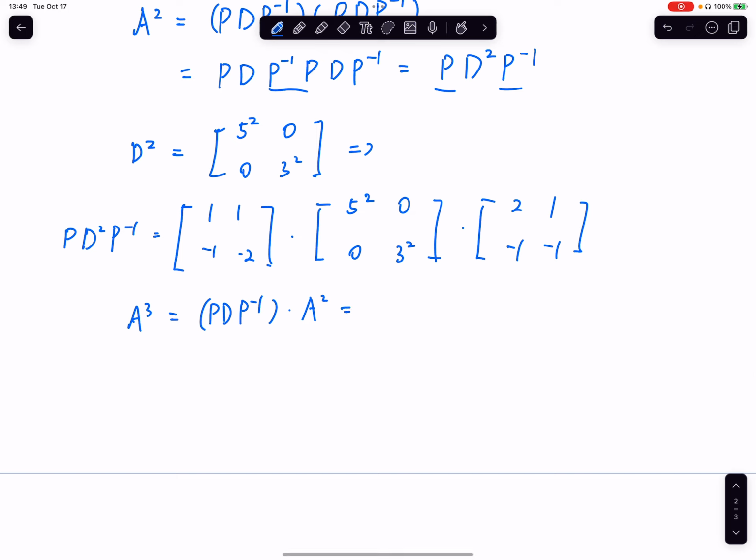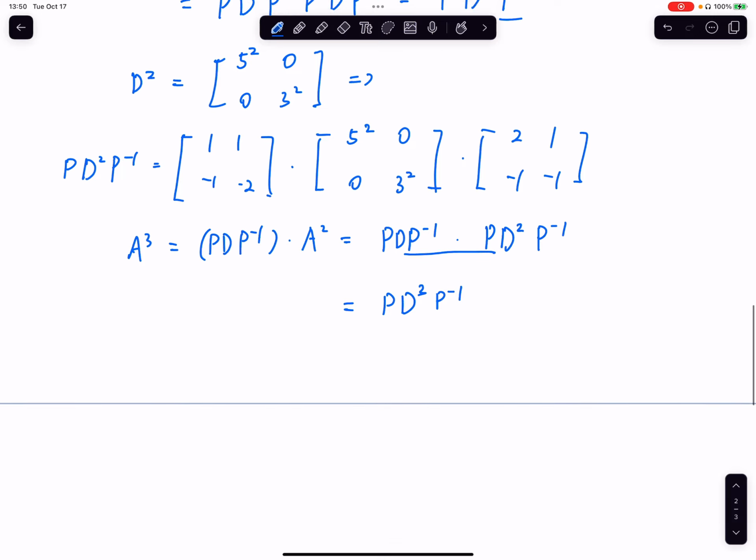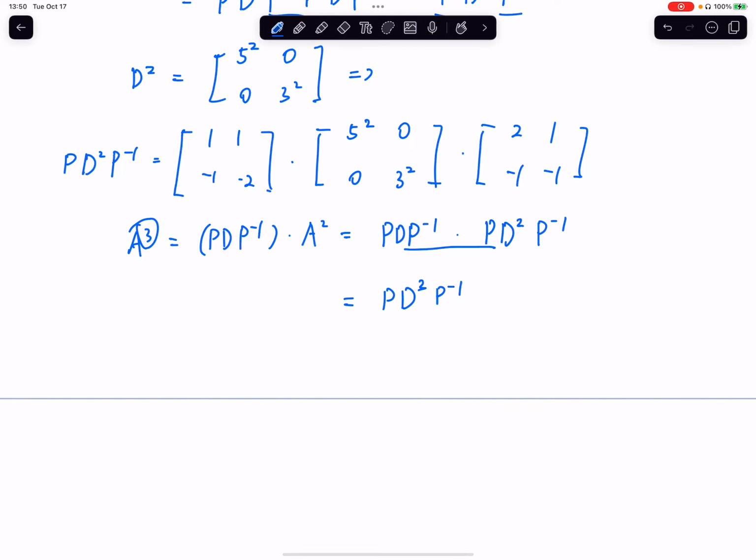So that is P D P inverse times P D squared P inverse. So we have D cubed between P and P inverse. Similarly, we can generalize this to the power of k. So we know that A to the k equals P D to the k P inverse.